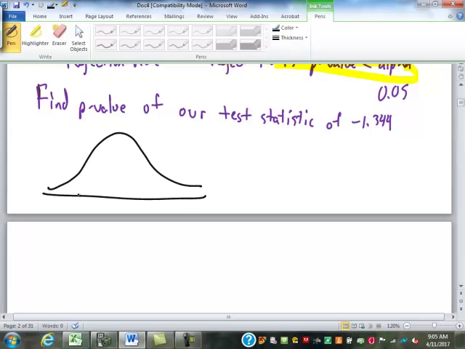The alternative hypothesis was less than, which is telling us we are concerned with this tail of the distribution. So we're going to plot that negative 1.344 there. And since we're concerned with this tail, we're looking for this area to the left of negative 1.344.